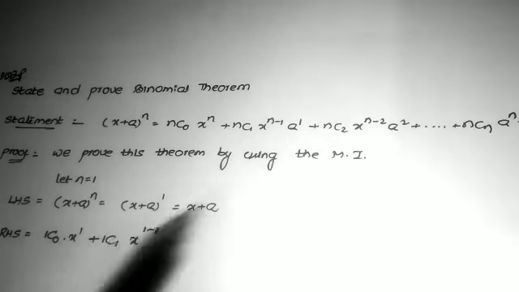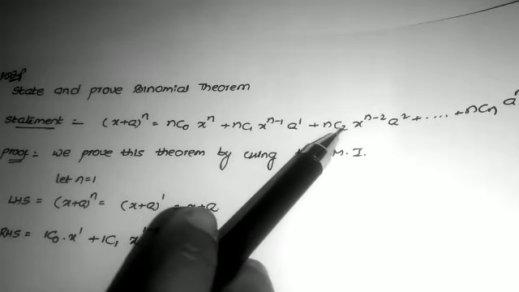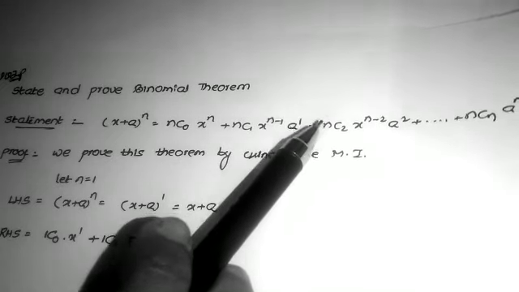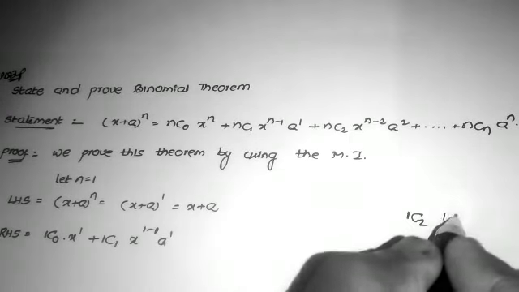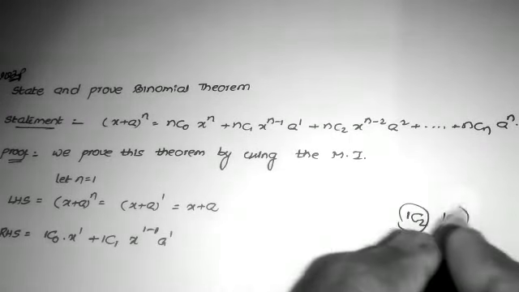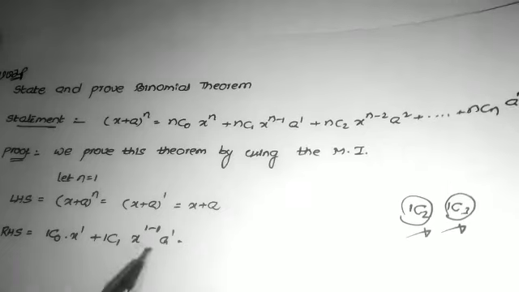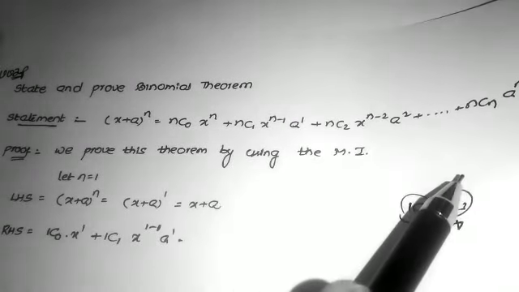Because we have to take the first value as the maximum value of the second value. Otherwise, if the second value is greater than the first value, then that value does not exist. 1C2, 1C3, 1C4, these values do not exist since the second value is greater than the first value. So you have to take the series values up to this one only. Since 1C1 exists, after that all values do not exist here, so we don't take the remaining terms of the series.